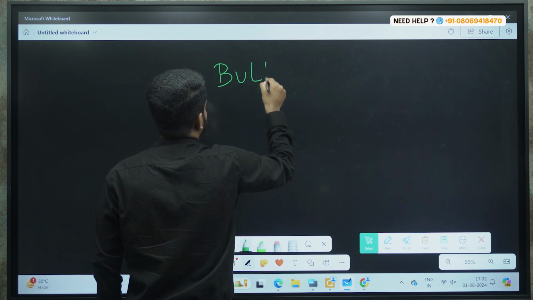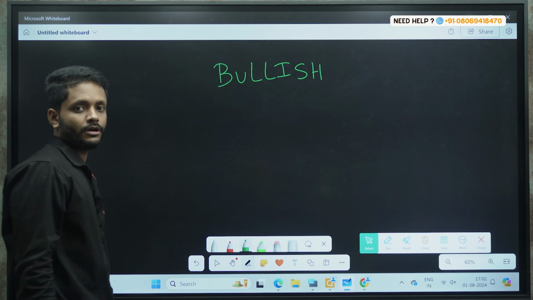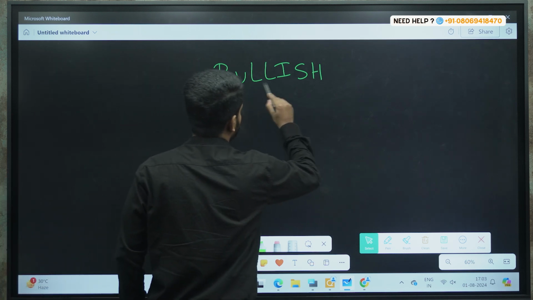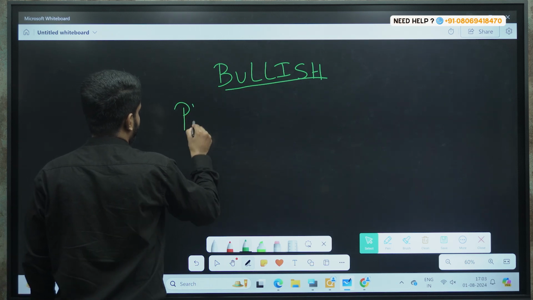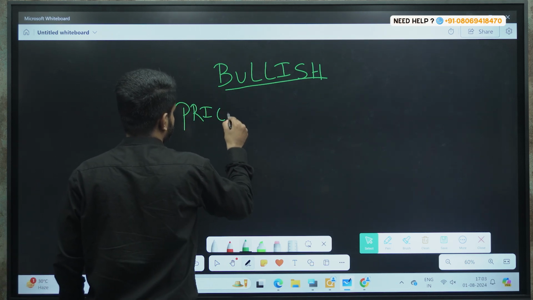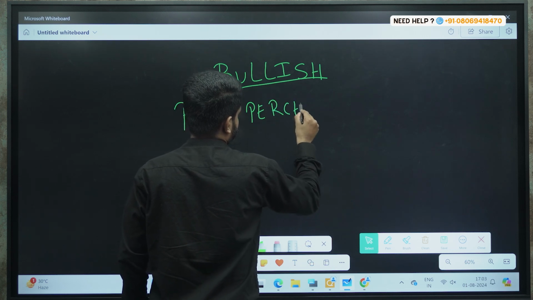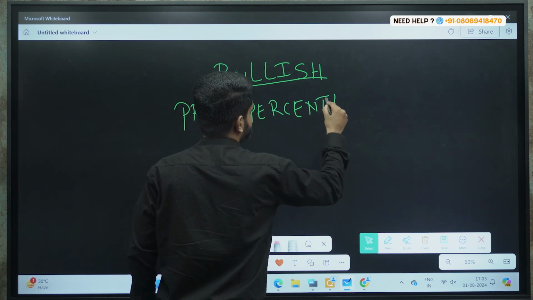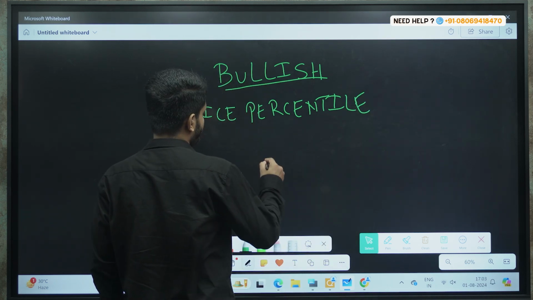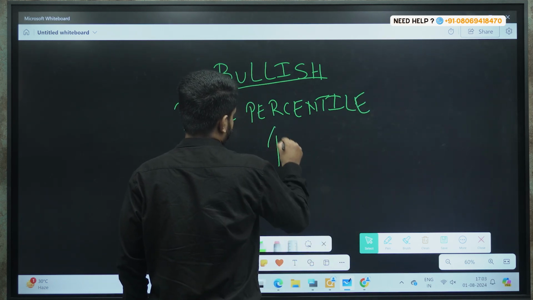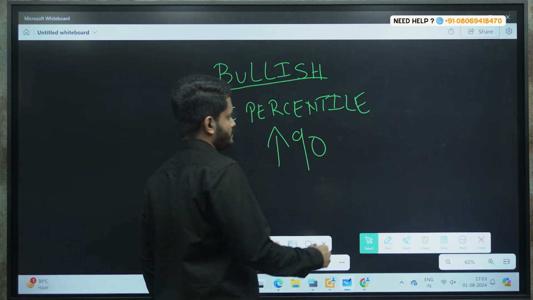For bullish trade. Okay, condition for bullish trade. Suppose you want to find out the bullish trades, then what are the conditions? Okay, price percentile should be greater than 90.